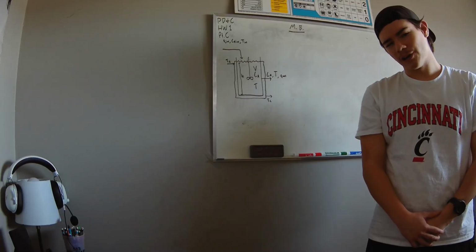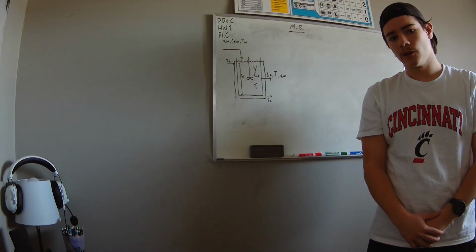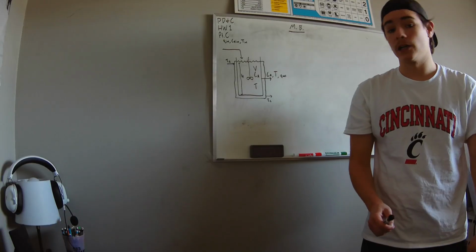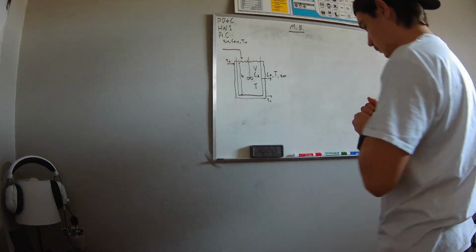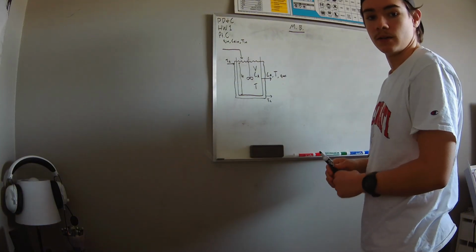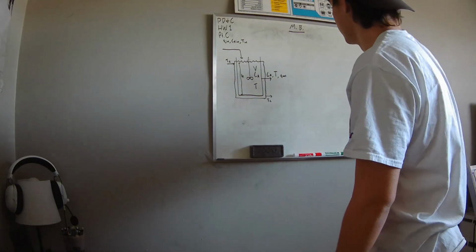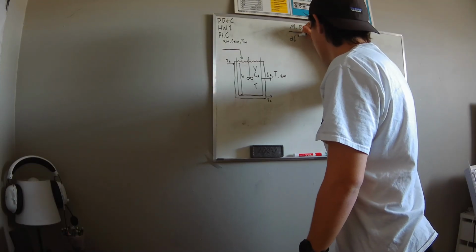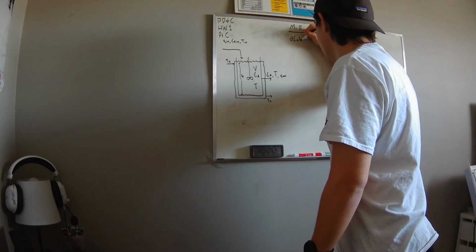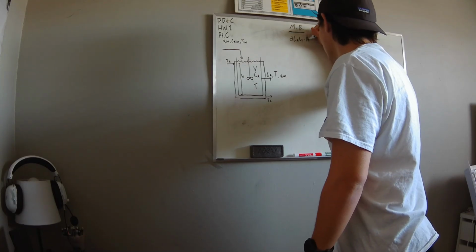Now that we've got our problem modeled and set up, we're going to move in to finding our time-dependent material balance. To do this, we need to find our moles in per time. To do that, we need to take d of Ca times H times our area.